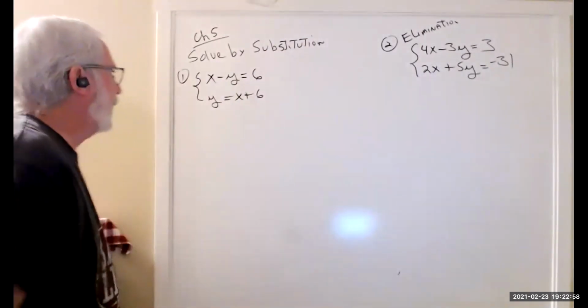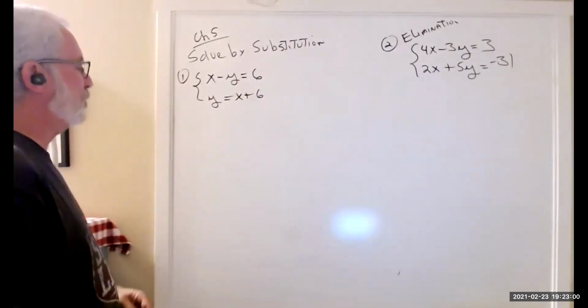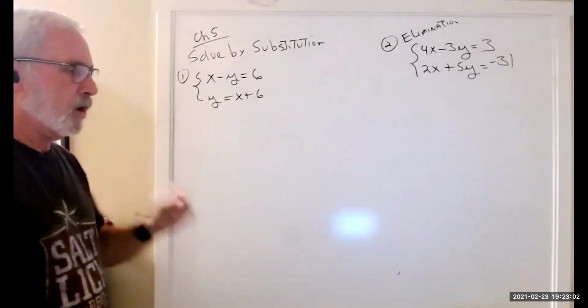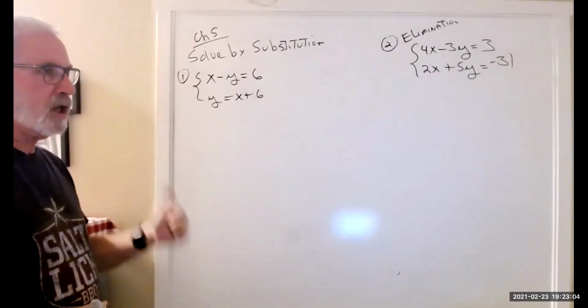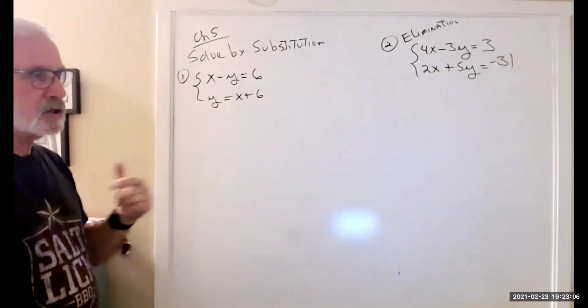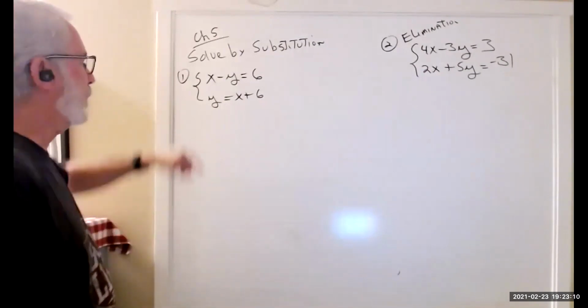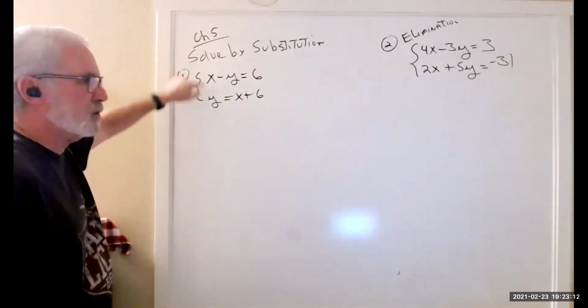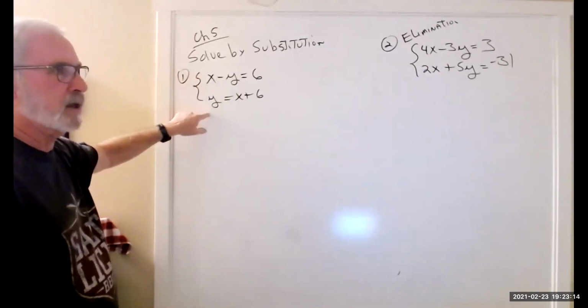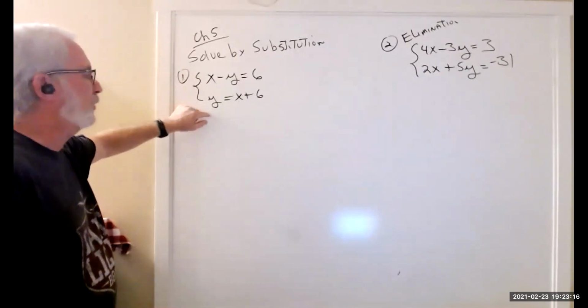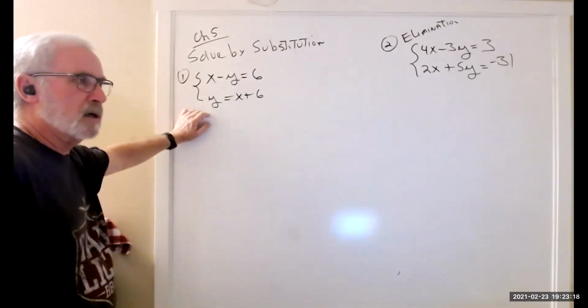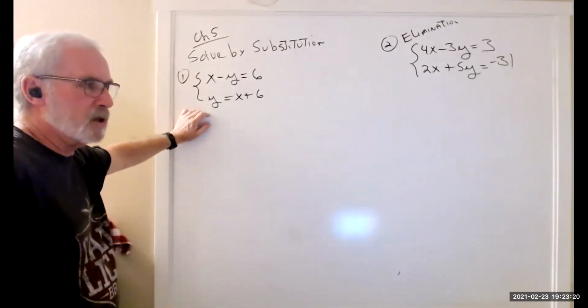Okay, so the substitution technique was pick one equation, isolate one variable. It didn't matter which equation. Okay, it doesn't matter which one you pick, but get a variable alone.